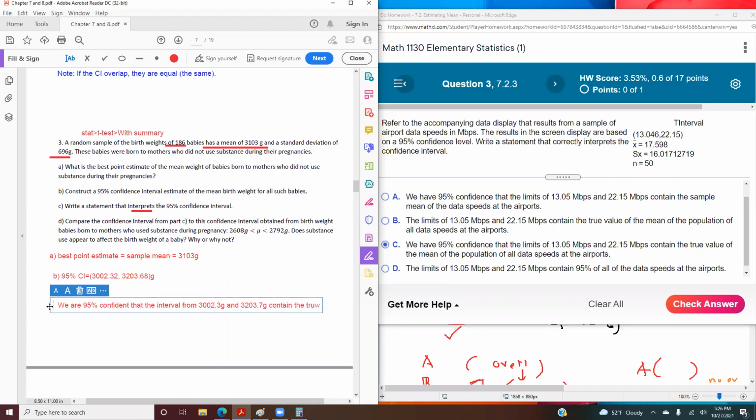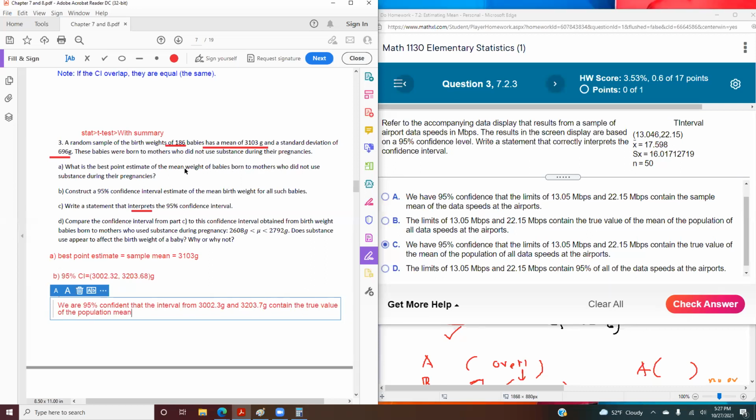the true value of the population mean, instead of the mean of the population. Then you just copy and paste what this is talking about: birth weights of babies born to mothers who do not use substance.